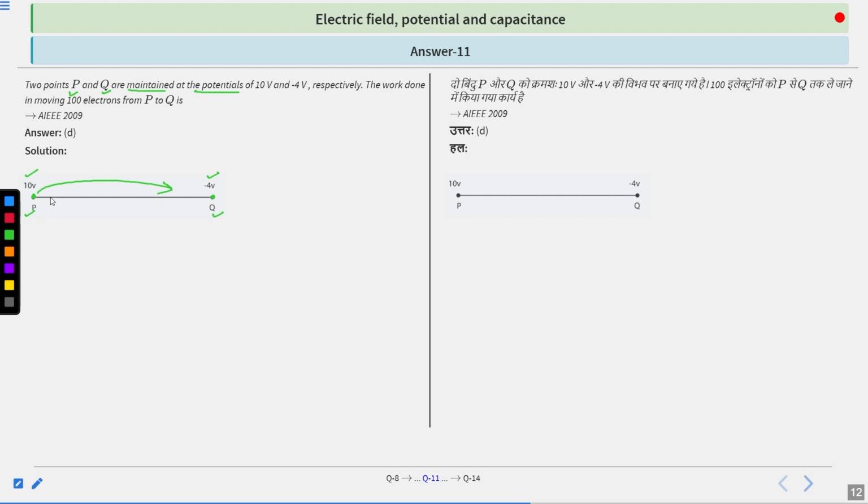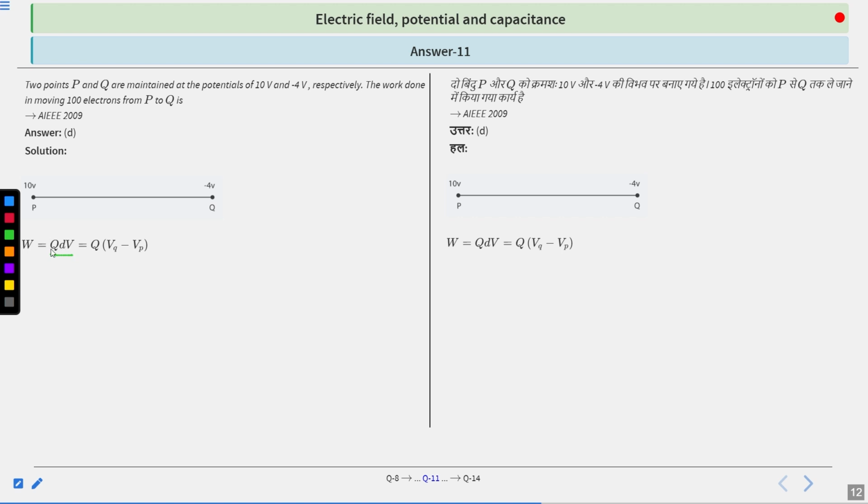So W is equal to Q dV. This is the formula to calculate the work done. Q is the charge and dV is the small potential. Sorry, this is not volume, it is small potential.